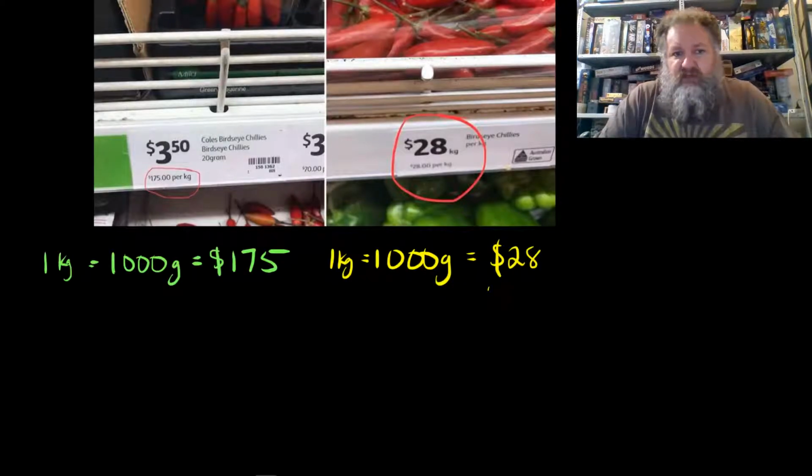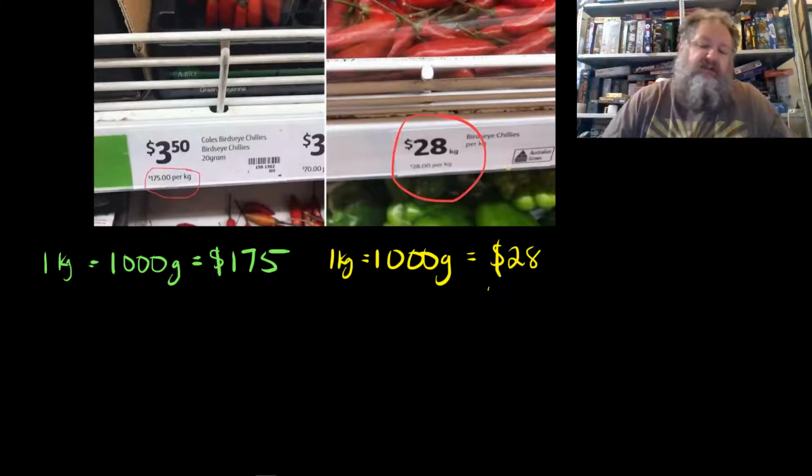Now, when you see them written like that, you can really tell that there is a huge disparity in these prices. But what does it look like when you actually get 20 grams?